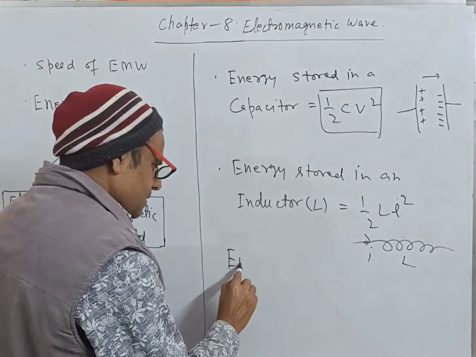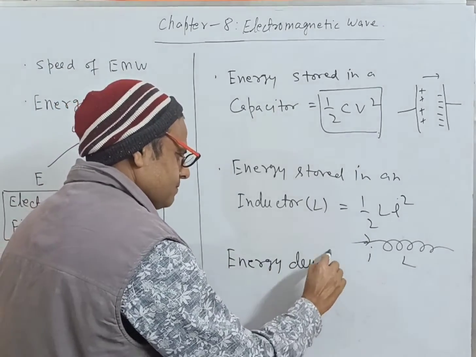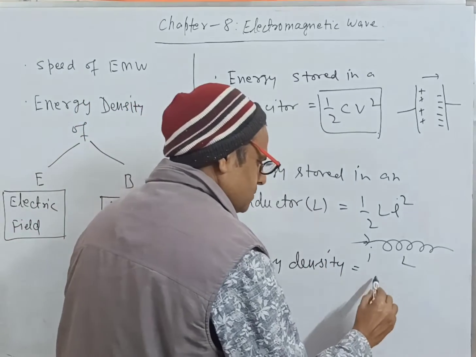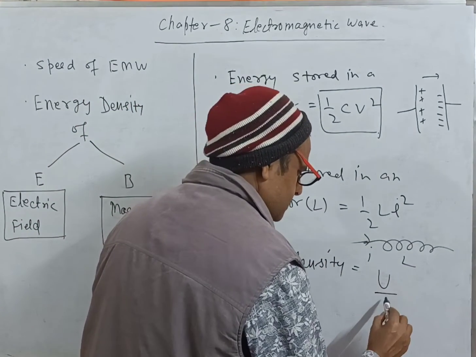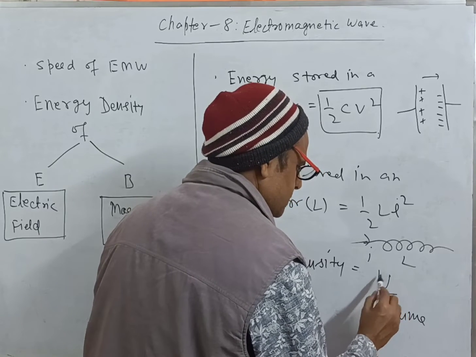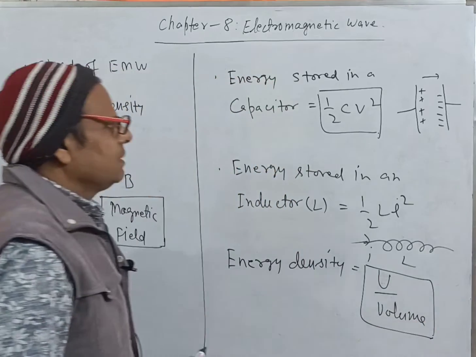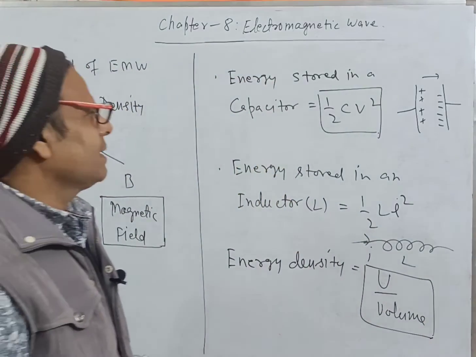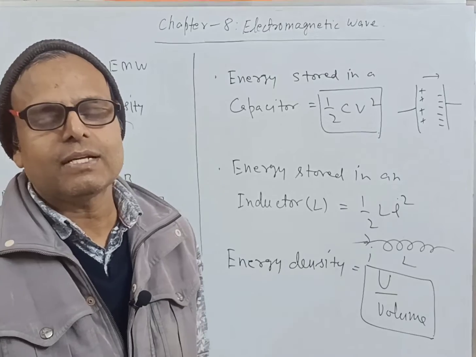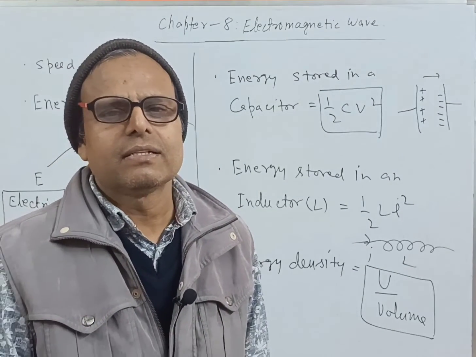Here energy density is equal to energy per unit volume. This is the energy per unit volume. So energy stored in the capacitor will be our energy density.